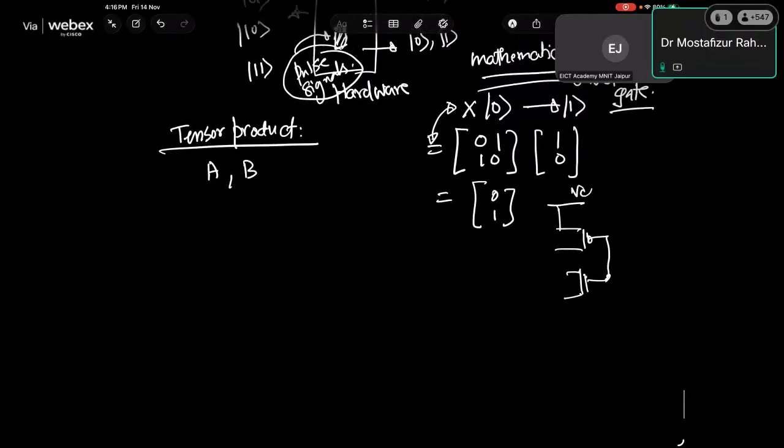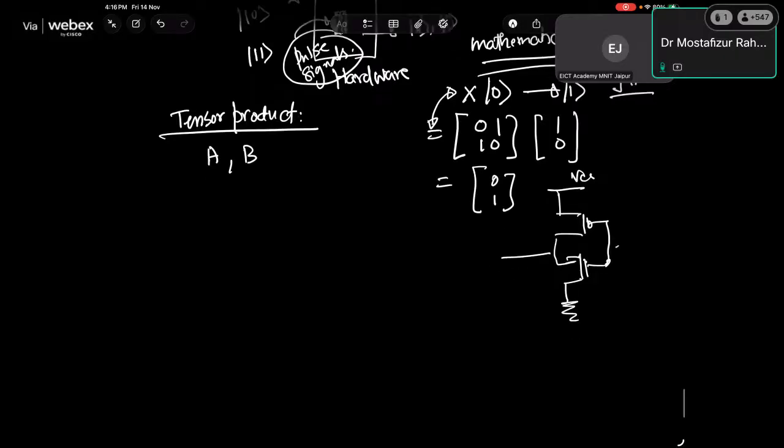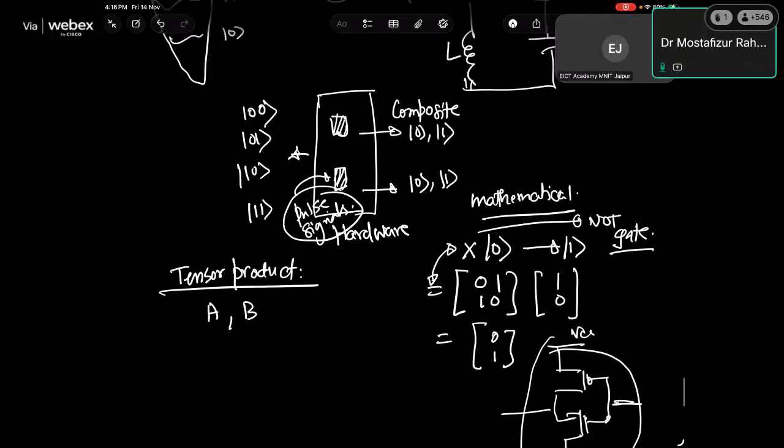Here it's some VCC, here is some VDD, and ground, and they might be connected. You give high voltage or low voltage, and depending on that you get a 0 or 1 here. This is your logical representation of a NOT gate in classical logic. But in quantum hardware it's pulse signals. So this is the hardware part, and this is the logical part.